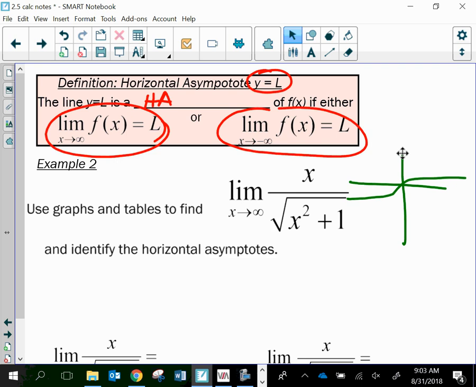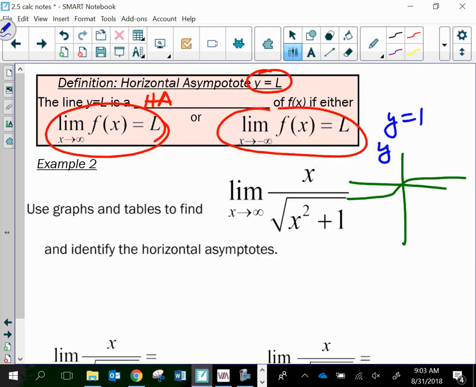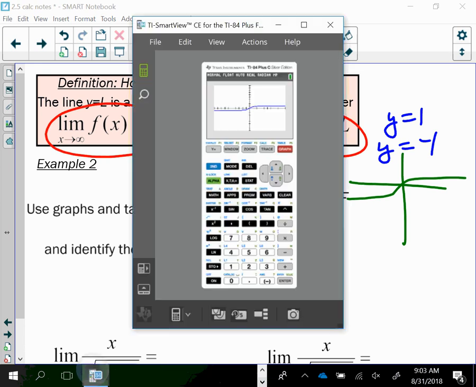Okay. Can you guess what the horizontal asymptotes are? What do you mean negative 1 and 1? You mean y? Okay. So, yes. Y equals 1 and y equals negative 1 are your two horizontal asymptotes. If you want, you can even put them in there to show them. Let's spread this out a little bit. Let's make my y be negative 5 to 5.